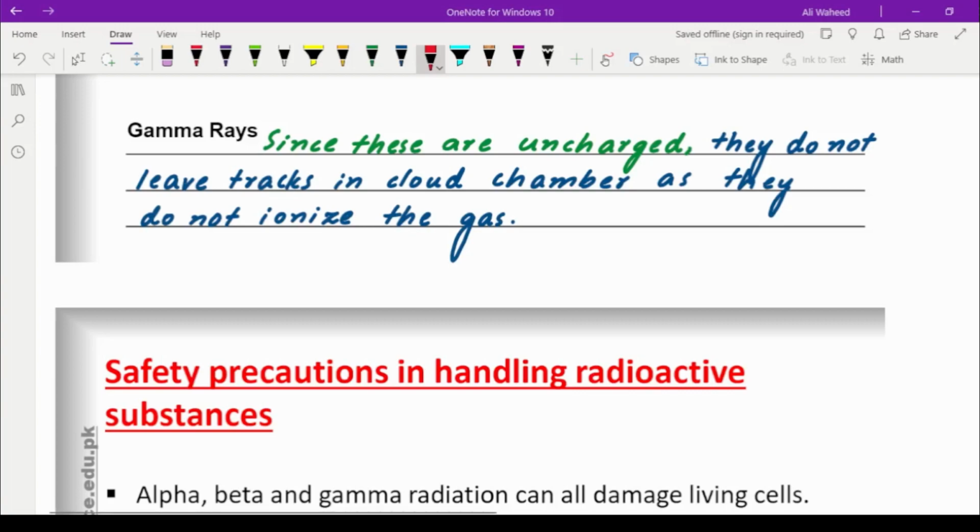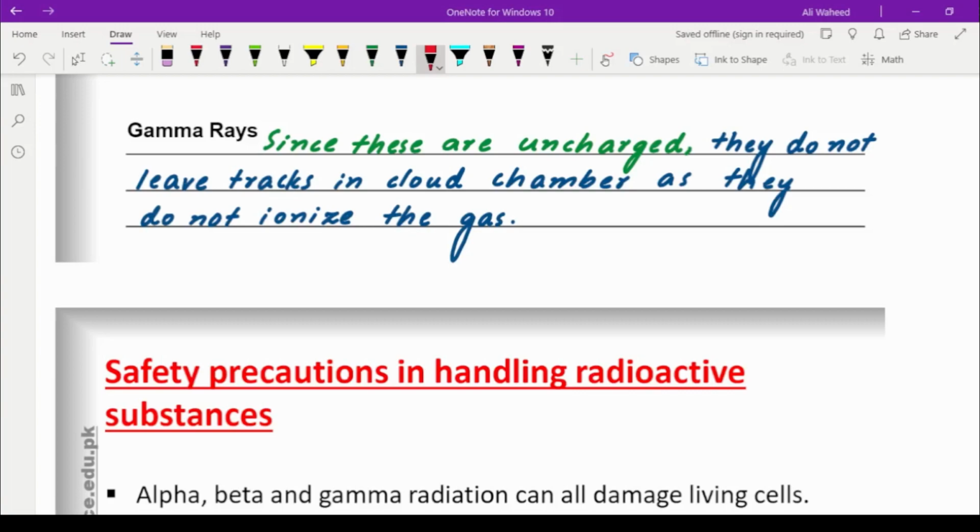And we study that in properties as well. If you remember the characteristic table we studied, gamma rays have the lowest ionizing ability. So in the cloud chamber, they do not leave any visible track.